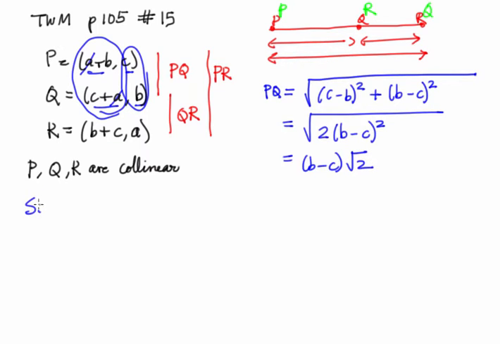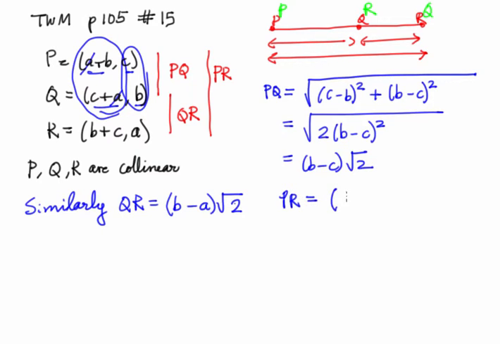Now, similarly, we did this with PQ, and we can do it with QR. And QR is going to be b minus a into root 2. And PR is going to be a minus c into root 2.